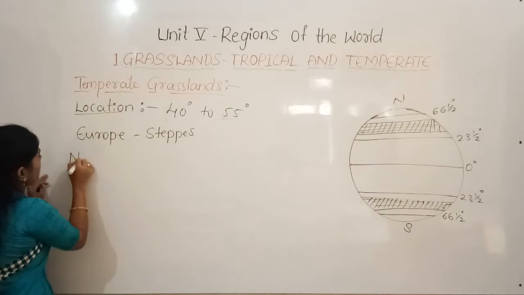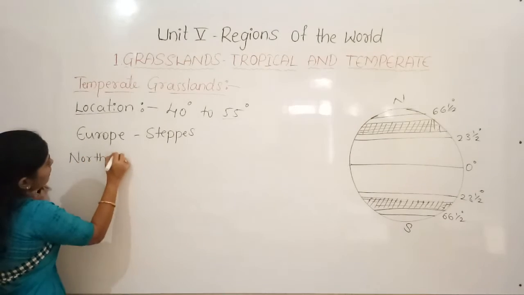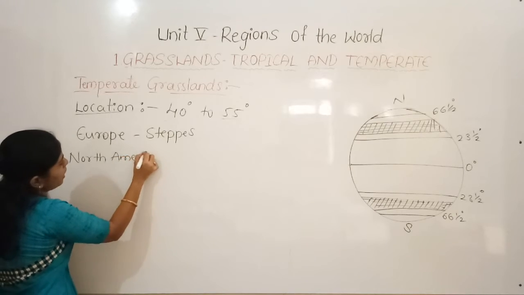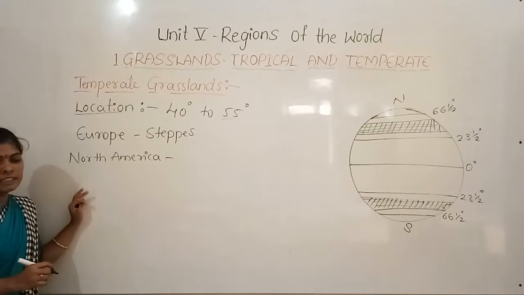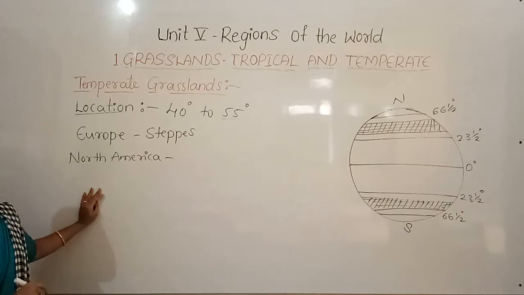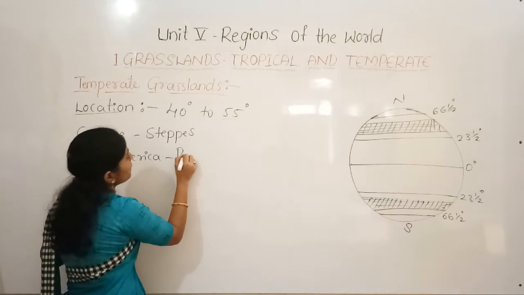And in North America, these temperate grasslands are called by the name prairies.